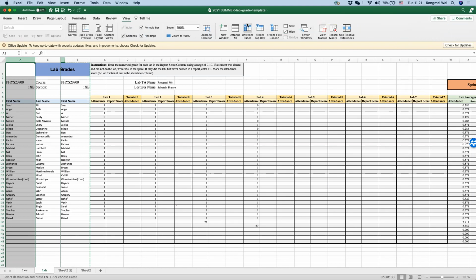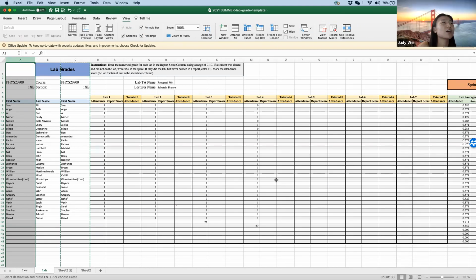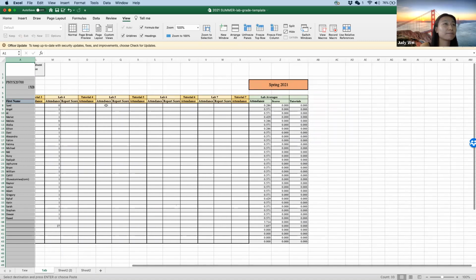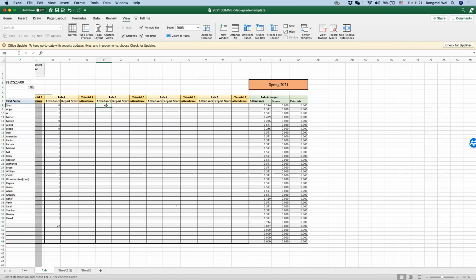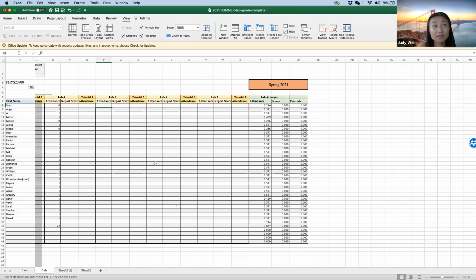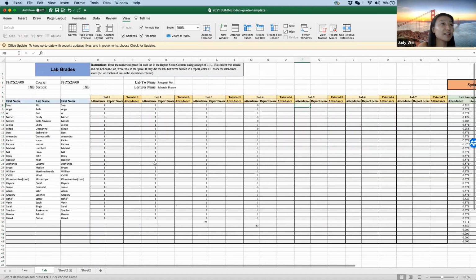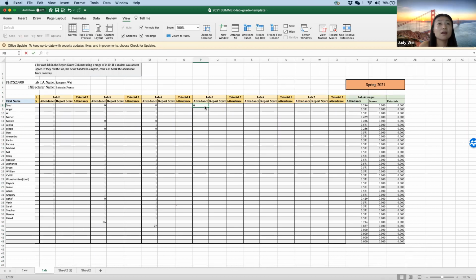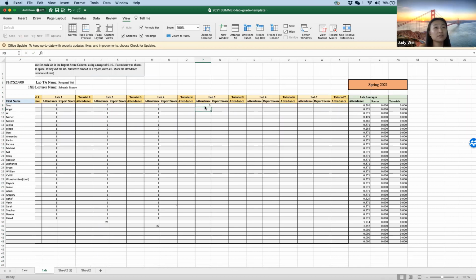I got a little worried. For the first column, let me figure out. State? Is State here? Angel? Here.